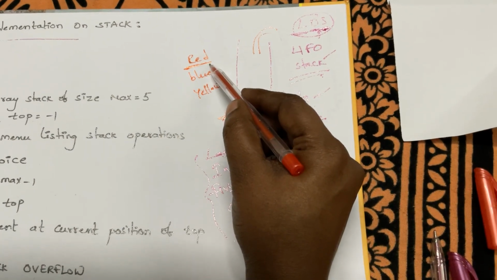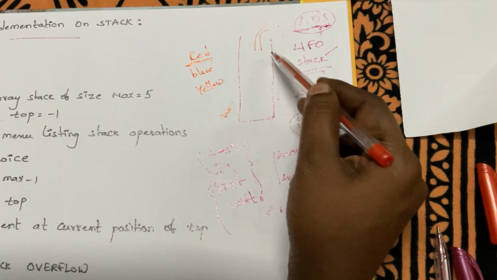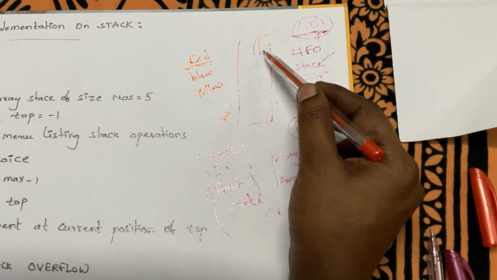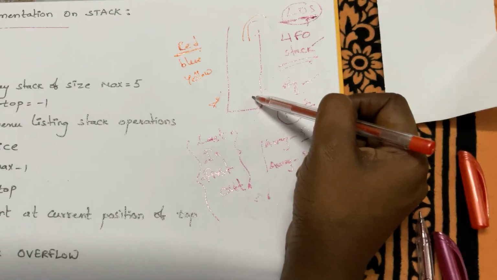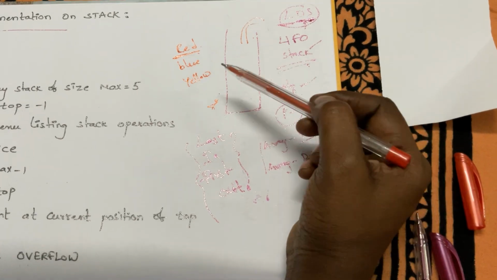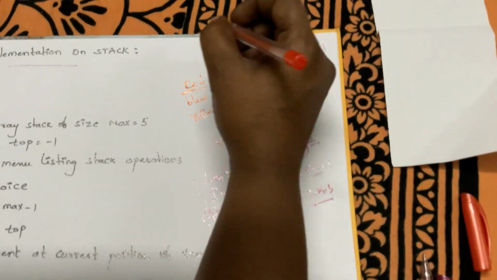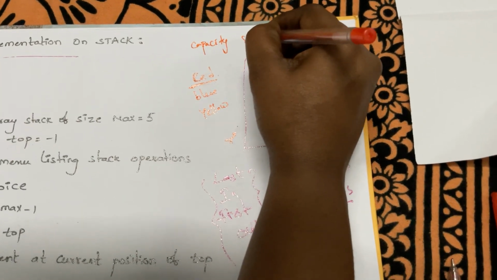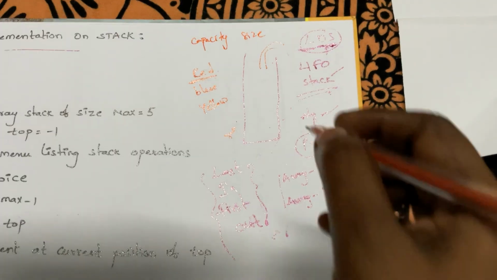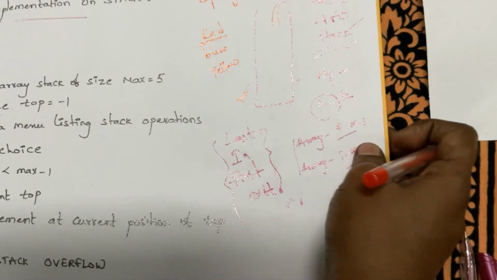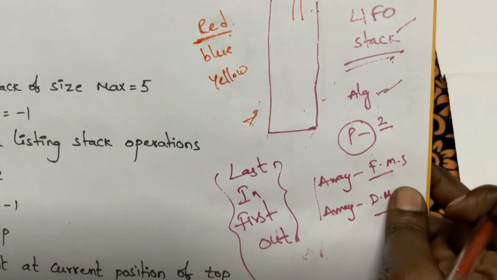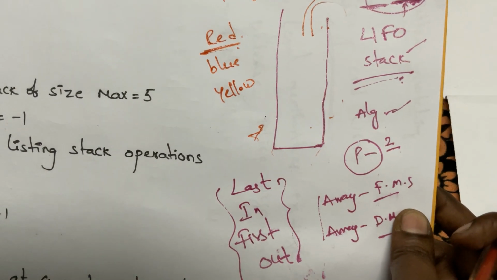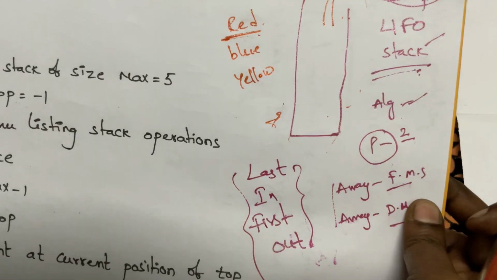Before I place the red ball, I look at the bucket's availability, its capacity. Does this bucket have capacity to place the red ball? That is the very first thing: looking at the capacity, or the size. After I understand that it can take items, red or blue or yellow ball, we place them one by one.